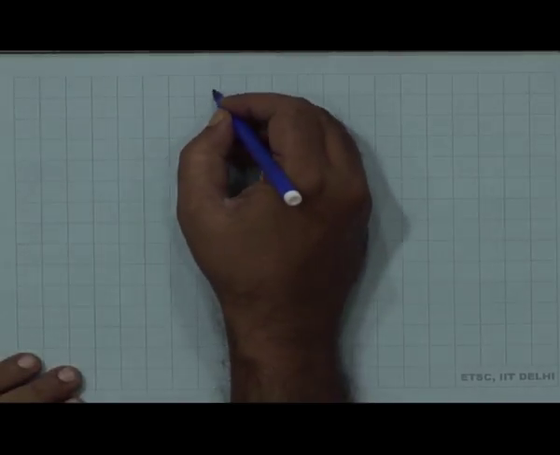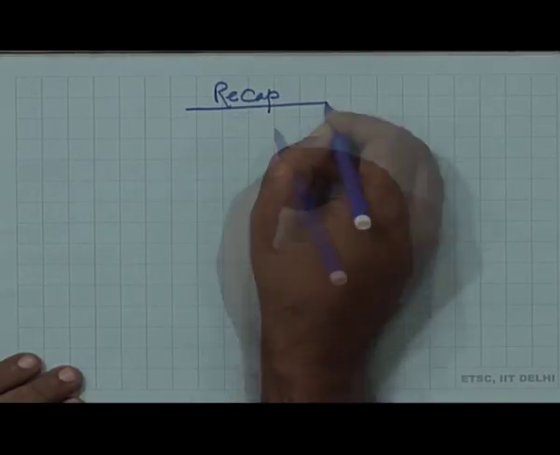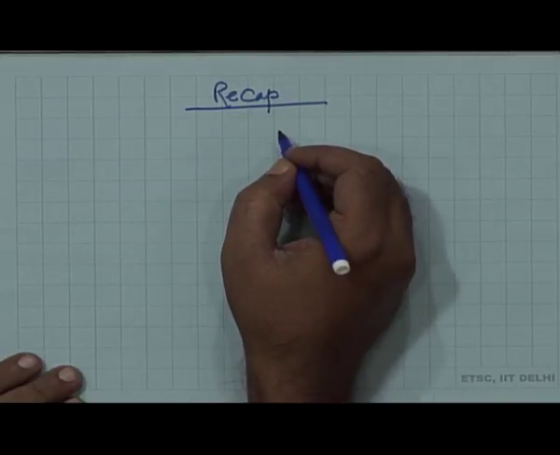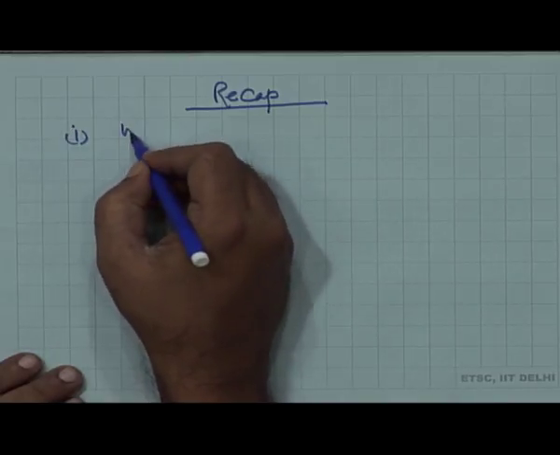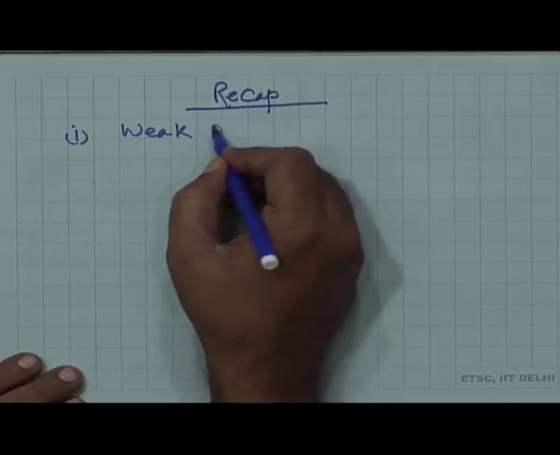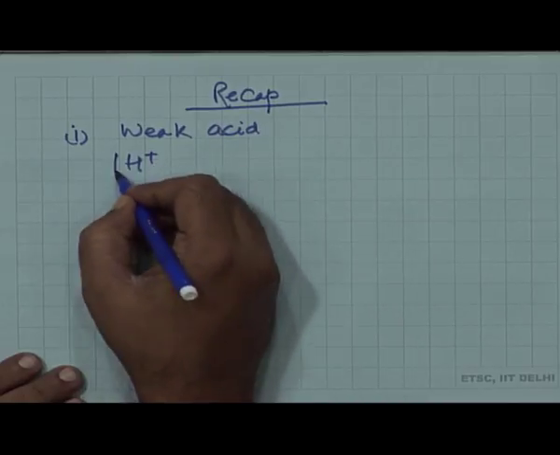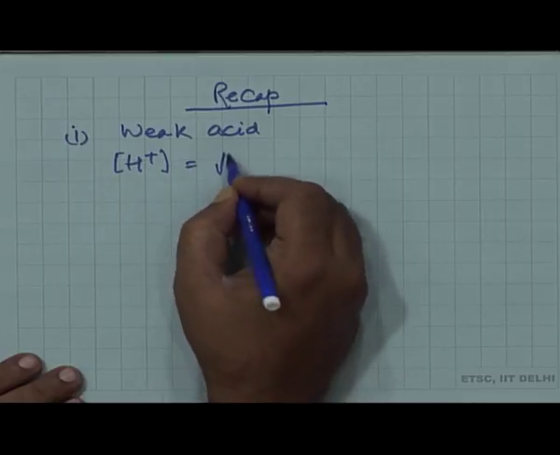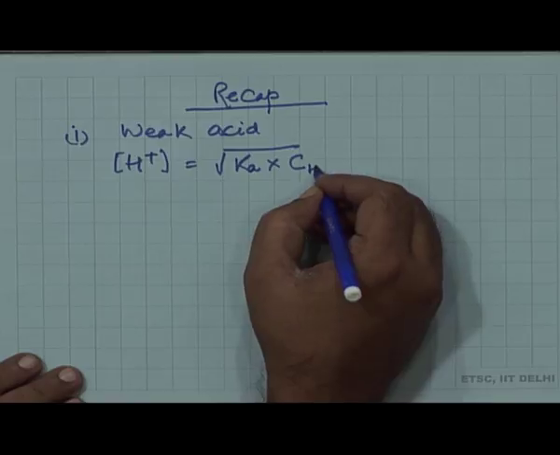As a recap of the last lecture, where we calculated the pH of different solutions: for weak acid we calculated H plus to be root under Ka into C of HA.